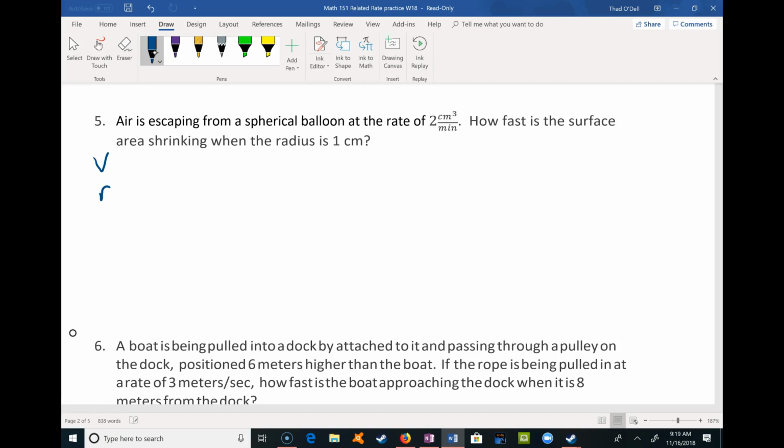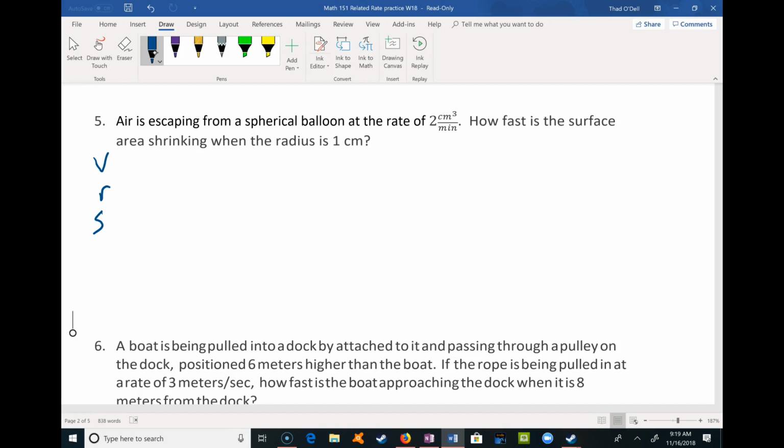We've got radius, yeah? What else do we have? Surface area, we'll just call it S. Anything else? Spheres are nice because all they have is 2 dimensions. They either have a volume and a radius, or a surface area and a radius. There's nothing else. There are no heights or widths or any of that kind of stuff, right?